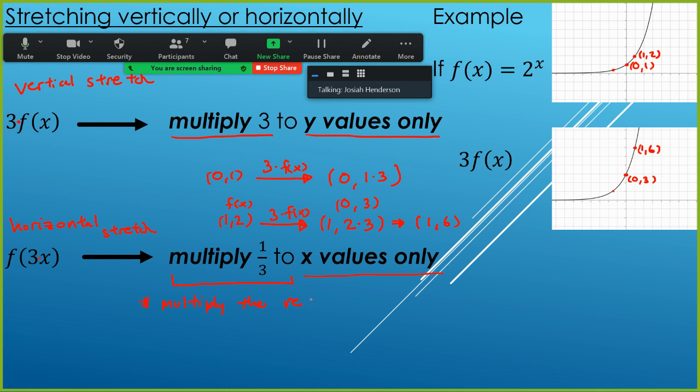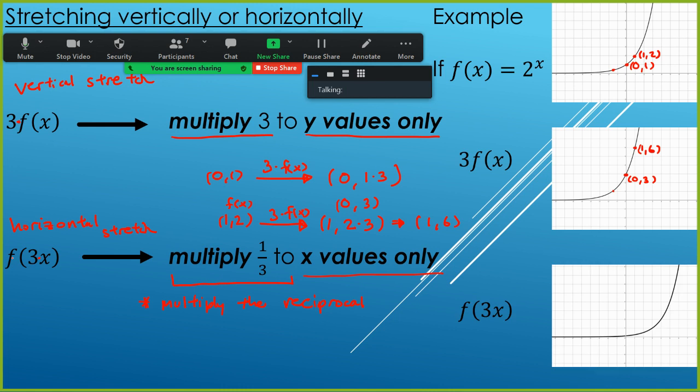It's not negative, it's the reciprocal that we use. So that means it's like a flipped fraction. So for a whole number like 3, that turns into 1/3 that we're multiplying. And if they gave you a fraction to start with, we would multiply the flipped version of that to the x values only.